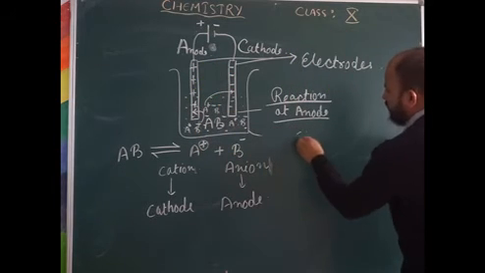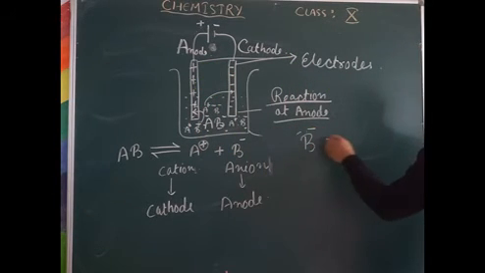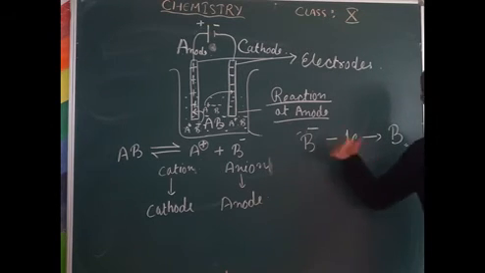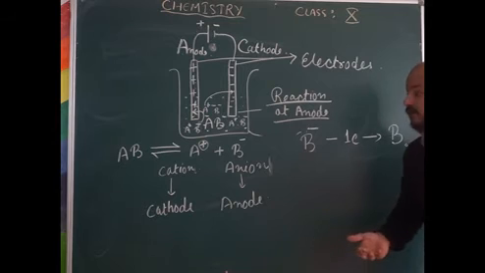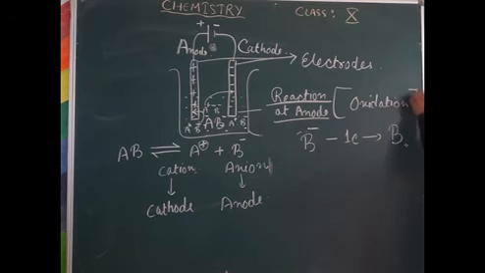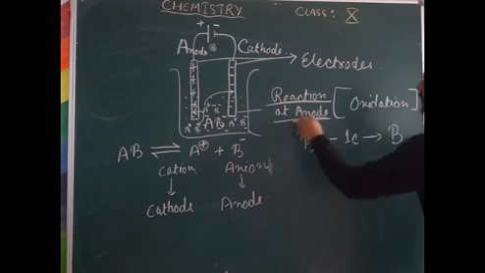That means B negative has one excess electron, it will lose one electron and convert into a B neutral atom. And there is loss of what? Electron. And loss of electron is oxidation. So you have to remember, oxidation takes place at anode. Please remember, this is very important.